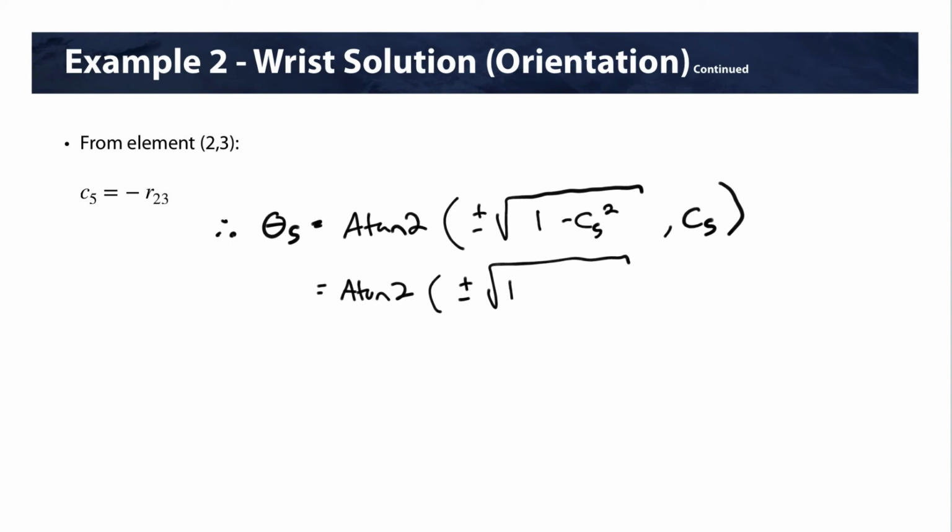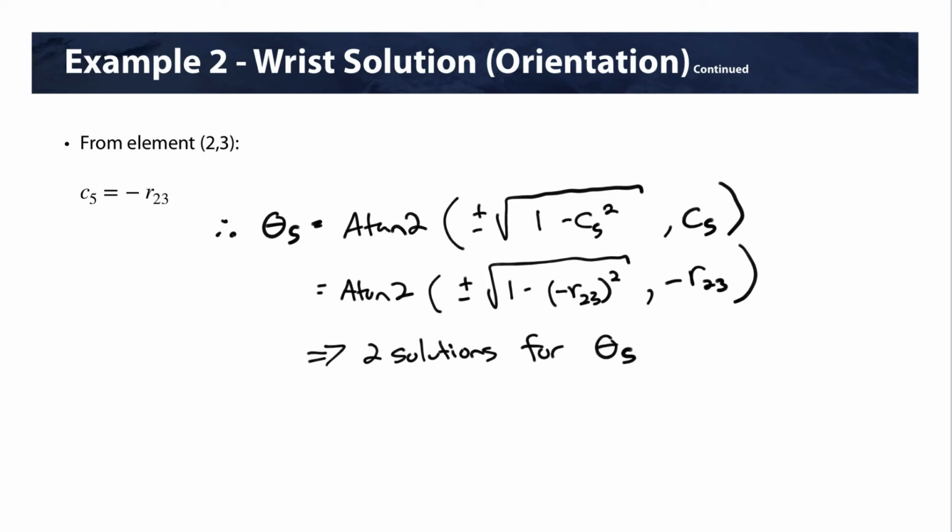It's going to be the square root of 1 minus R23 squared, minus R23. Again, we use the cos squared plus sine squared equals 1 property to find S5 here. So we know that we have 2 solutions for theta 5. All right, so theta 5 is done.